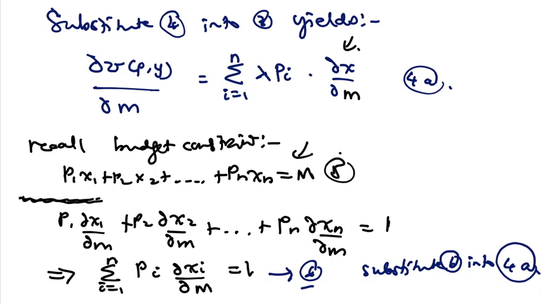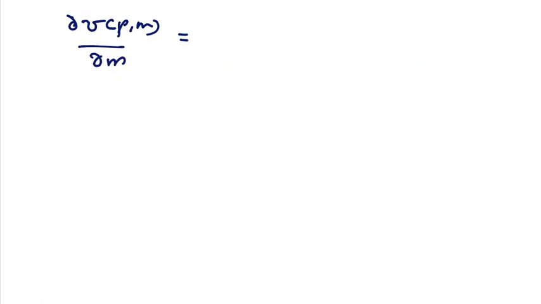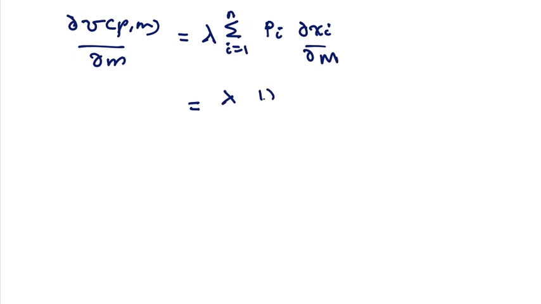So here, when we substitute 6 back into 4, then we can have something like this. Lambda, the summation, i equals to 1 up to n. Okay, I rewrite it again here. Pi delta xi over delta m, okay, equals to lambda times 1.